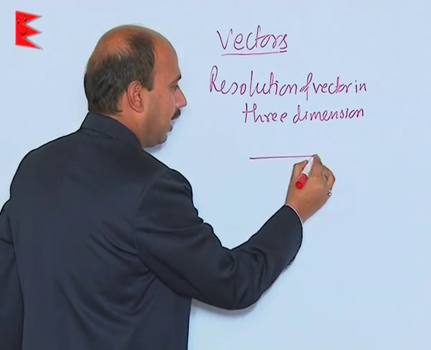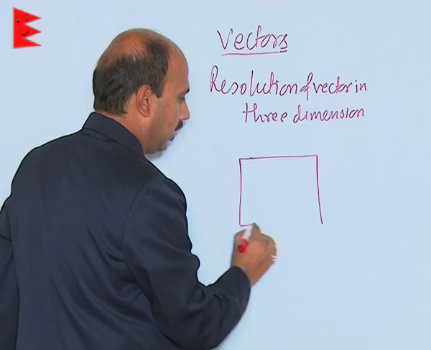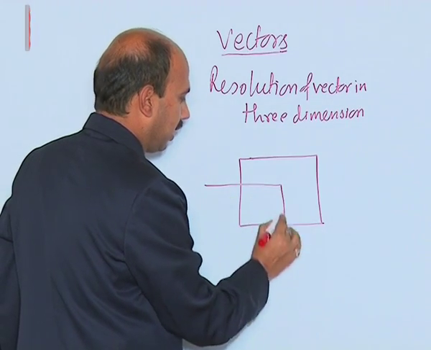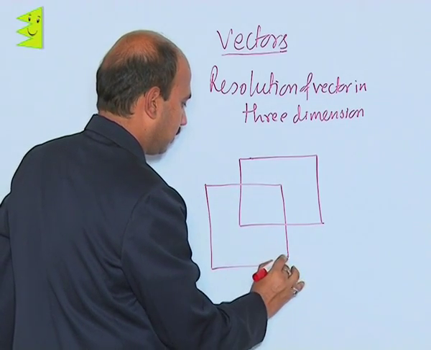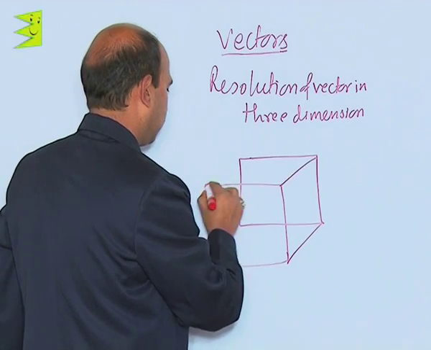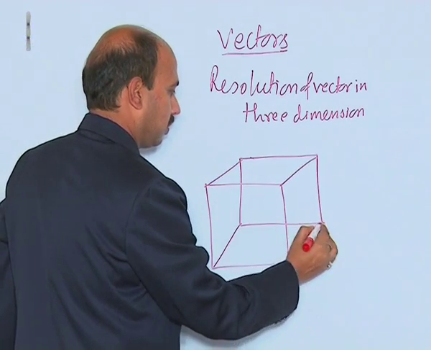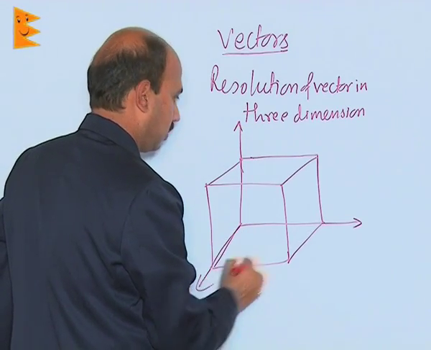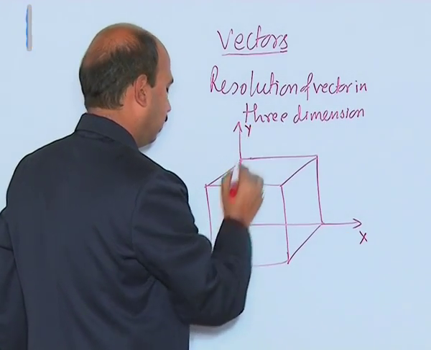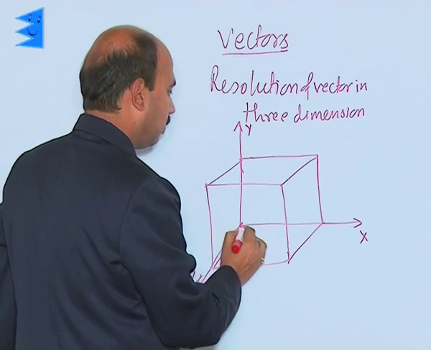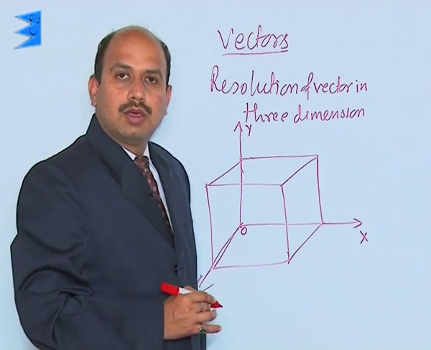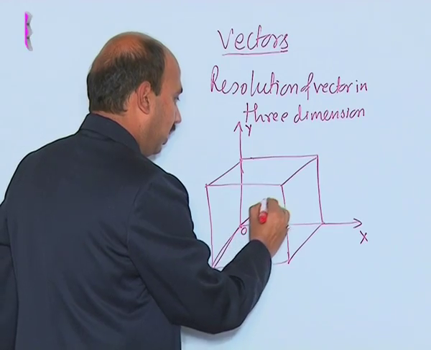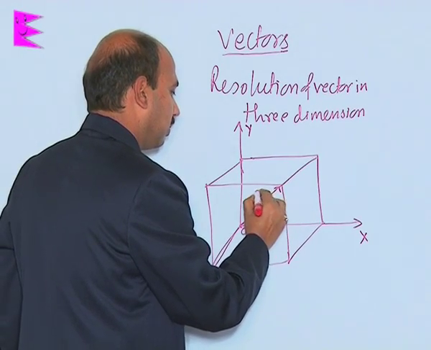Suppose you have taken x, y and z axis. Now, let us complete the first diagram. This is x axis, this is y axis, this is z axis, this is the point O. There is a vector A like this.